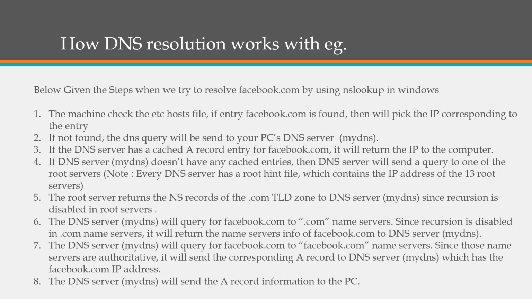Now, the root server will not return the A record for facebook.com, but instead it will return the NS record of the com TLD, because we are requesting facebook.com. So it will return the NS record for the com TLD to our DNS server, since recursion is disabled in root servers.